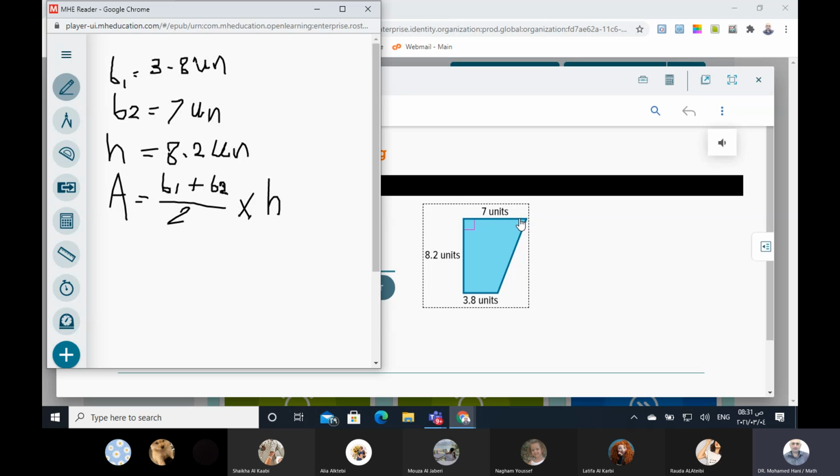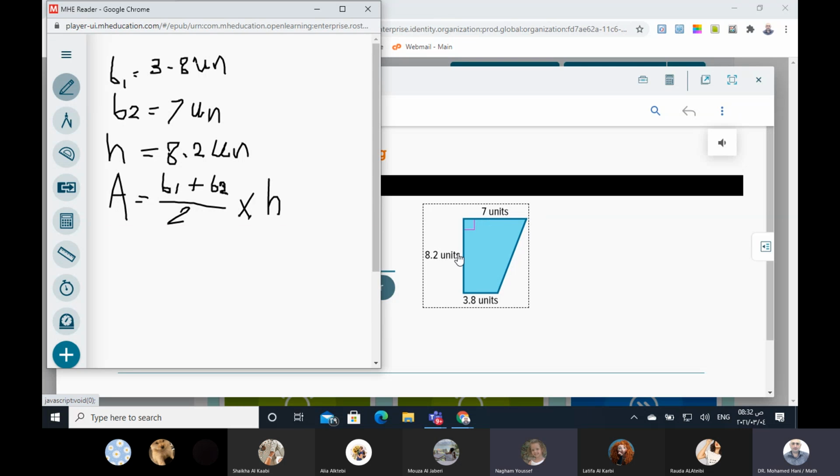Who can tell me what is the type of this figure? Trapezoid. Okay. As you see here, we have two opposite sides parallel. The small base, P1, equals 3.5 units, and the big base, P2, equals 7 units.